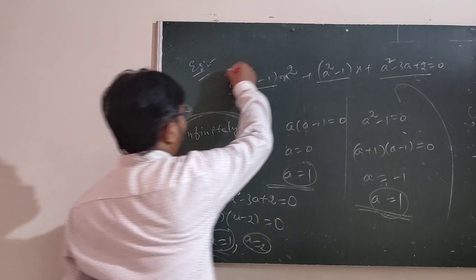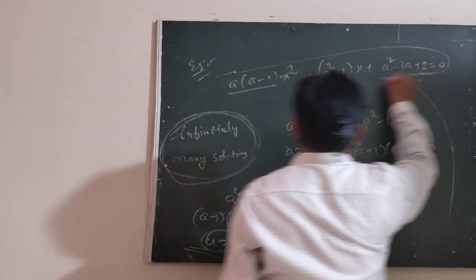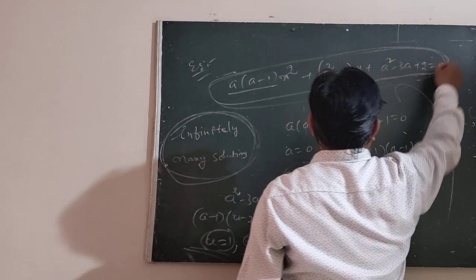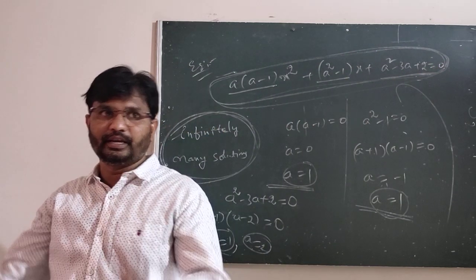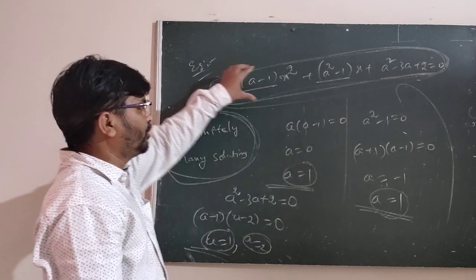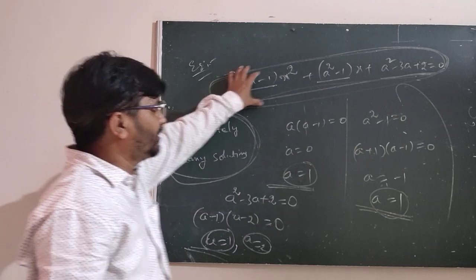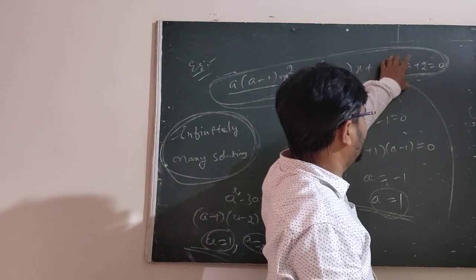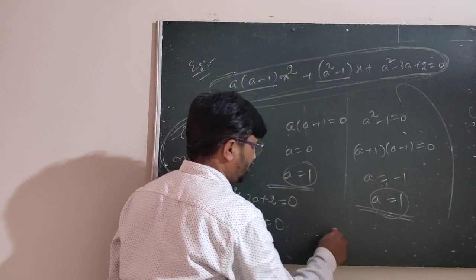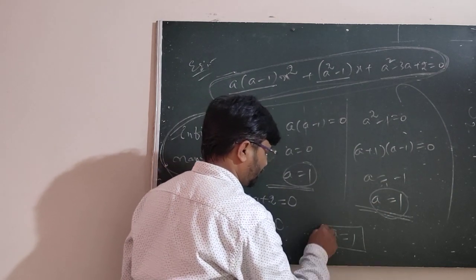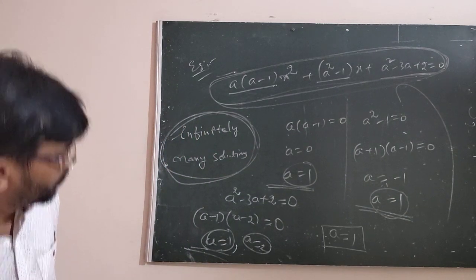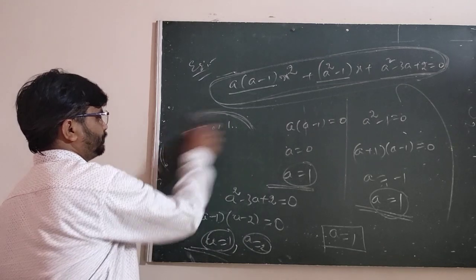Therefore, for the given quadratic expression to have infinitely many solutions, or to be an identity in x, we have to take the common value of the coefficient of x square, the coefficient of x and the constant. Therefore, finally we write the solution of a is only 1. A equal to 1 here.